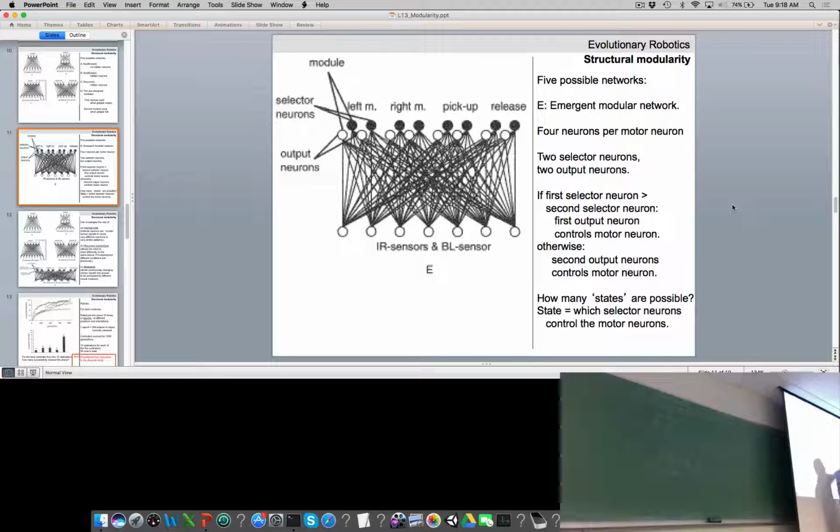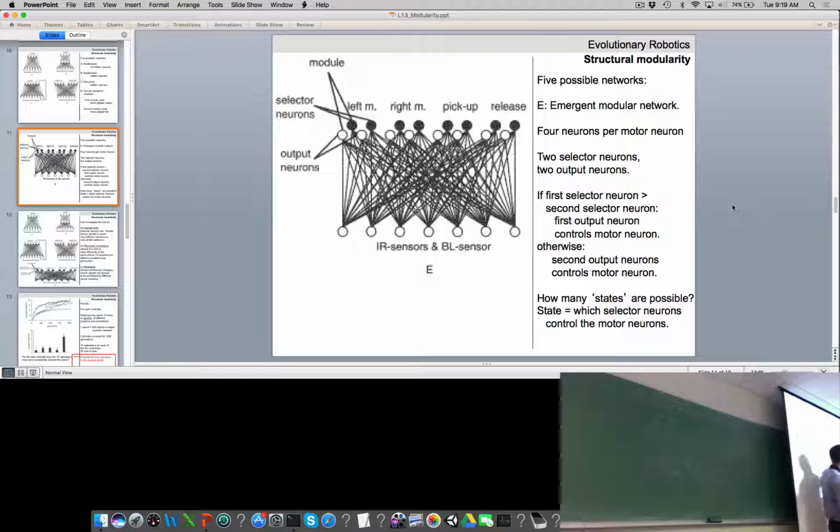So now state 0 is 0, 0, 0, 0. State 1 is 0, 0, 0, 1. State 2 is 0, 0, 1, 0, and so on. There's 16, right?